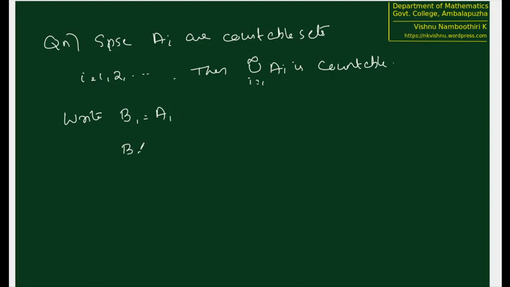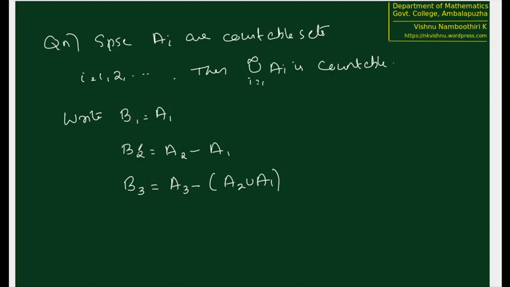After that write B2. We want to take all elements in A2, but if some elements in A1 are appearing in A2, we want to avoid them. So B2 is nothing but from A2 remove all elements in A1 possibly appearing in A2. So B1 and B2 are therefore disjoint. Now B3, suppose that we take it to be from A3, we are removing all the elements appearing in A2 union A1. So if some elements are there in A2 or A1 that are appearing in A3, we are removing them.